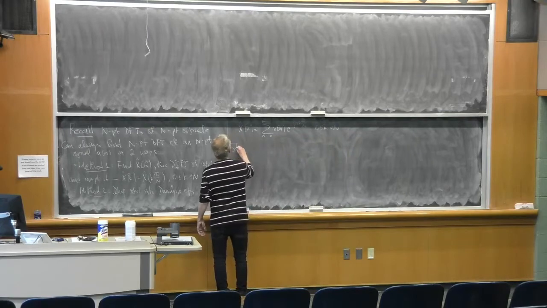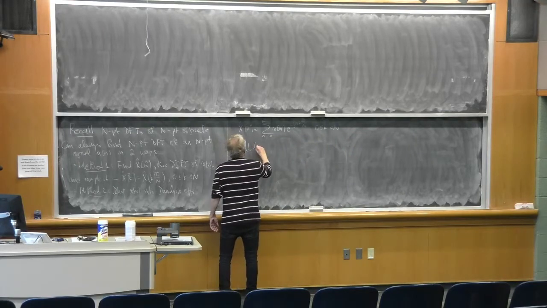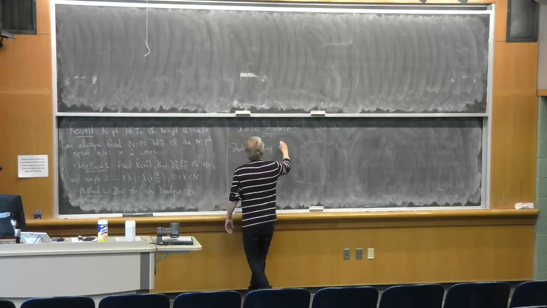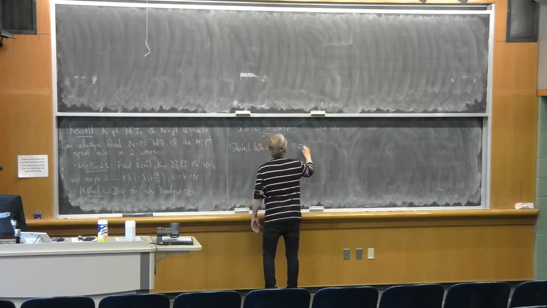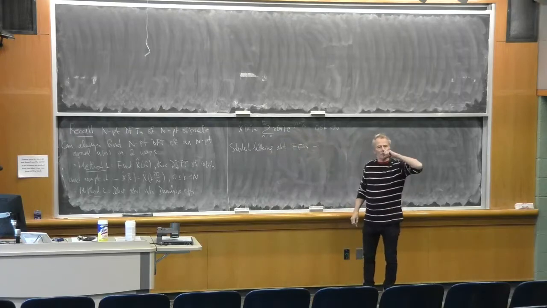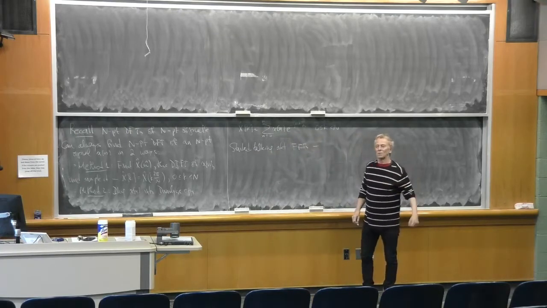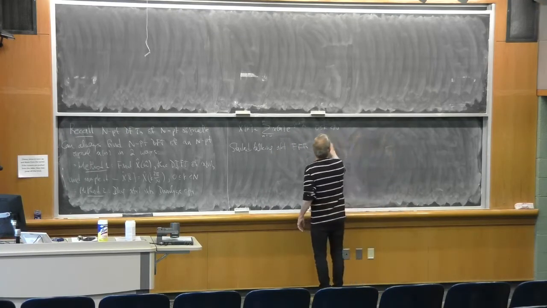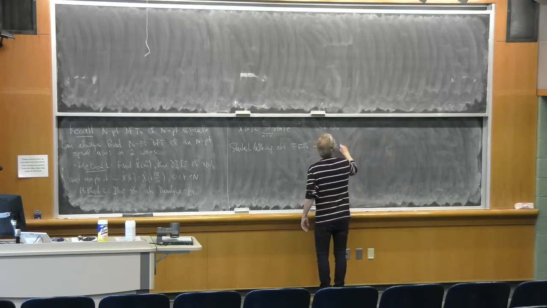So we started talking about FFTs, and I was going through a specific example of one of these. This is the one that everybody sees first when you read about them.